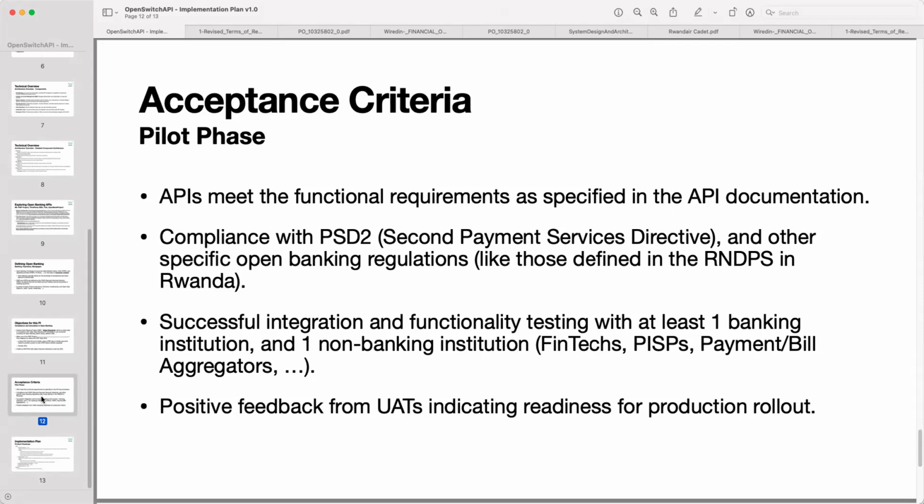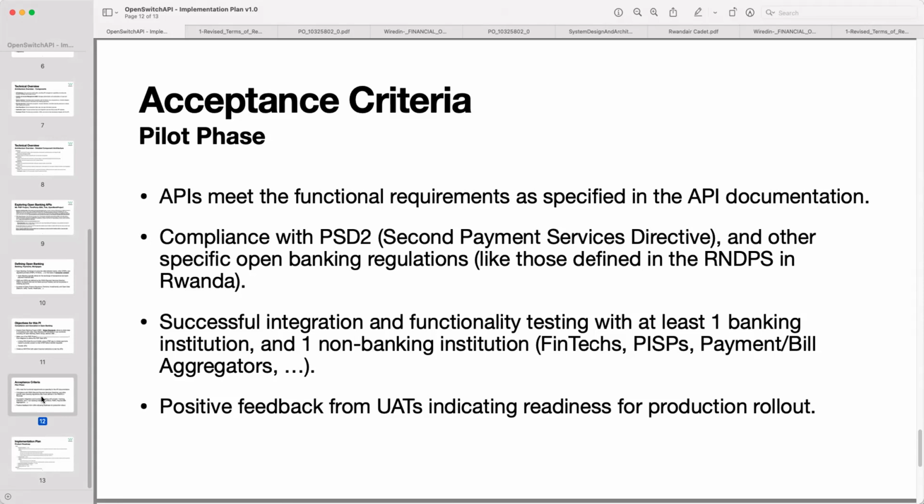And then compliance with PSD2, which is a global standard or best practices used mostly in Europe and in some other countries in South America, like Brazil. And then, of course, there are some specific requirements that we'll have to adhere to when it comes to the RNDPS in Rwanda.